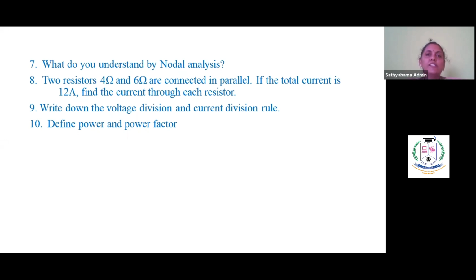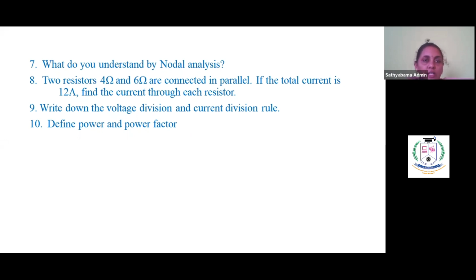Now substituting current I is equal to V by R, this will give you V square by R. So power can be written as the product of voltage into current or V square by R, or in terms of resistance also it can be written. And the unit of power is watts.